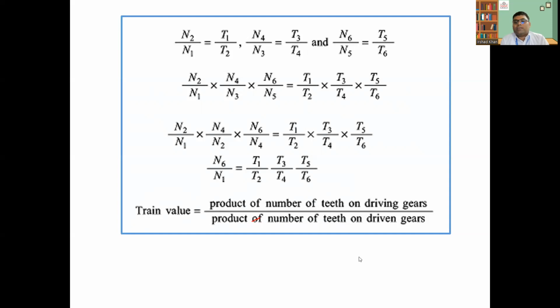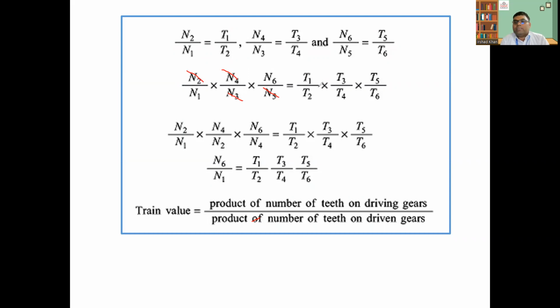So you can see here 2 and 3 are mounted on the same shaft, so both speeds will be the same, so we will cancel out each other. And 4 and 5 are also mounted on the same shaft, so N4 and N5 speed are the same.